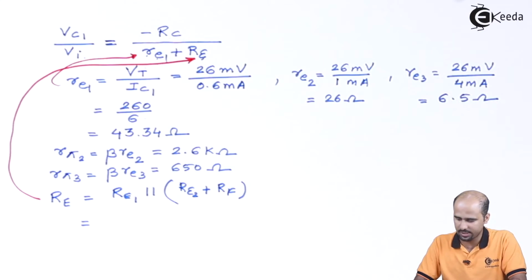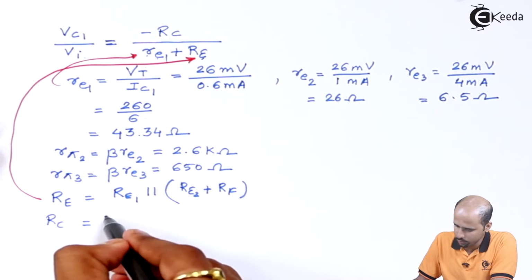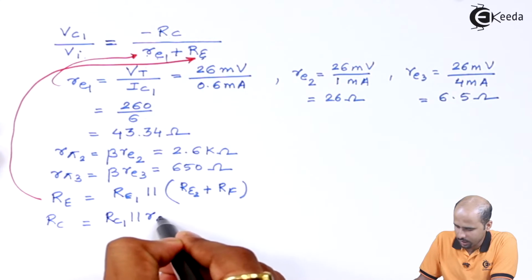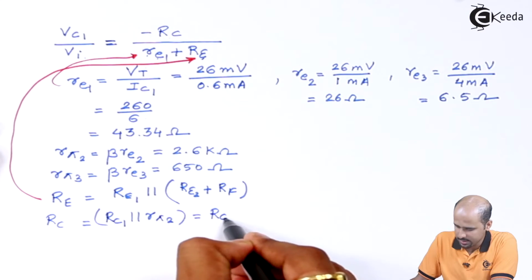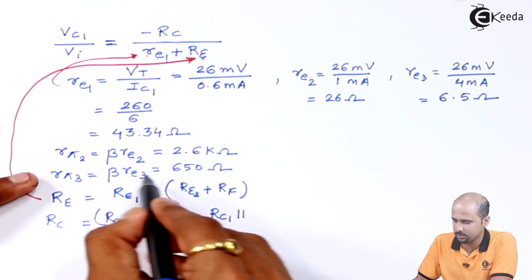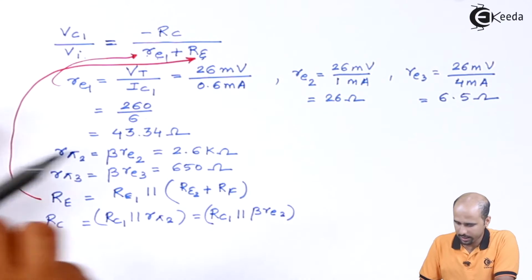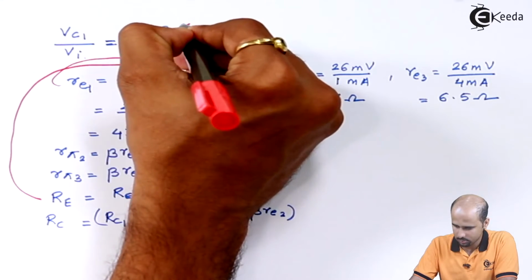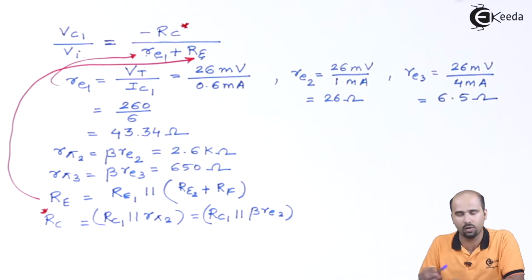So this RC you have to calculate as RC1 in parallel with R pi 2, right? So this is also called RC1 in parallel with beta re2. Again, put this value in your RC. Okay, I will just make a star so that you get to know that this value you have to incorporate.